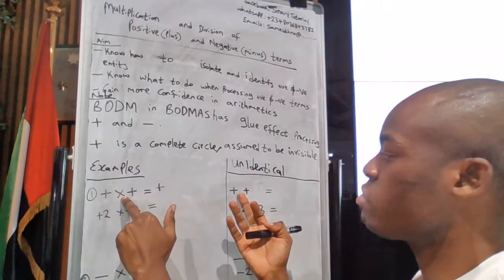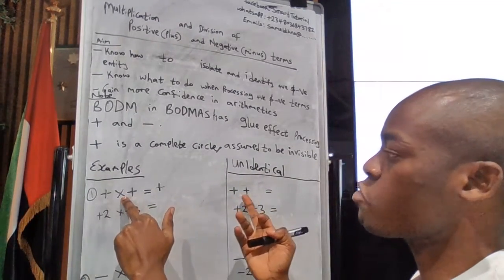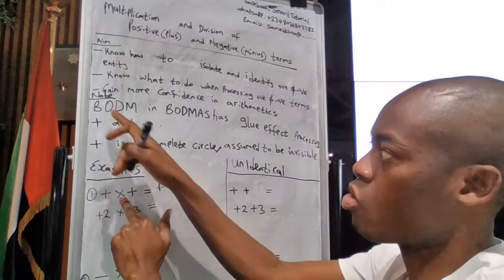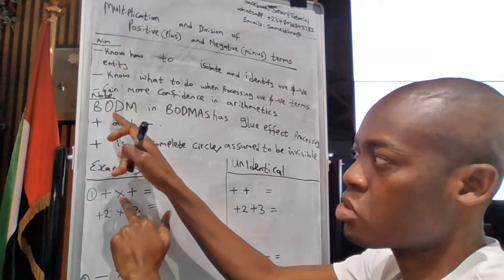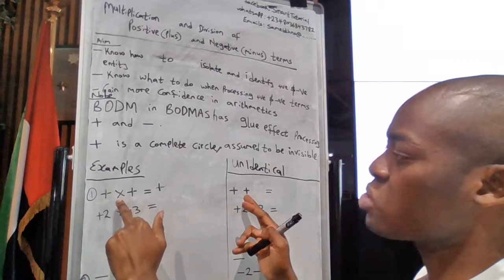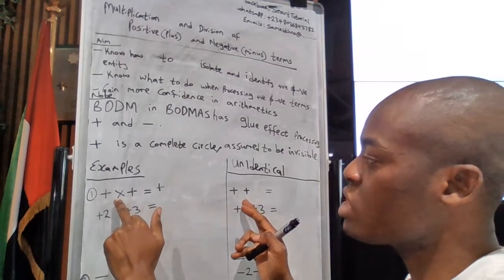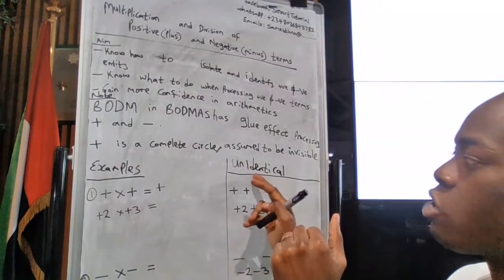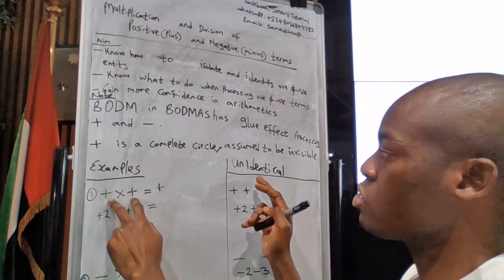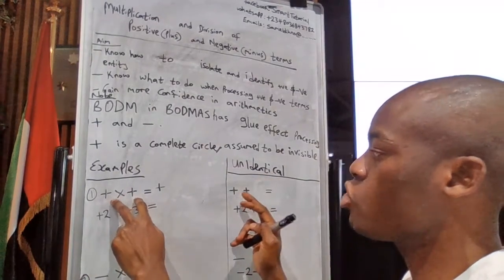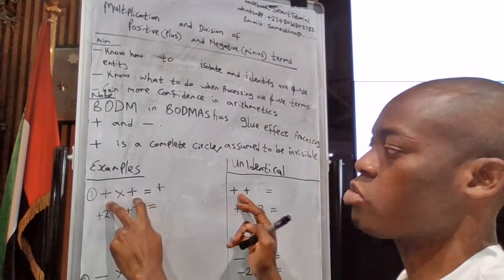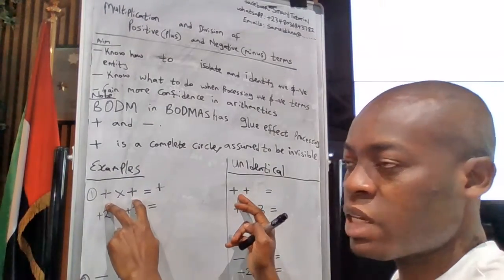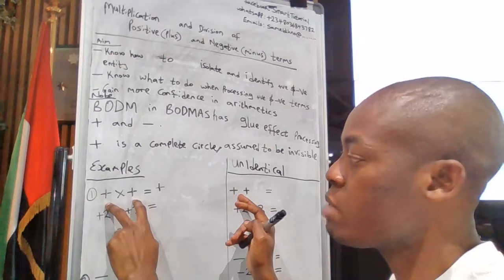No, there is no times here. So you have to be very careful when dealing with the times or the bracket or division. There is a difference between this and this. They are not identical, that is, they are not the same. You don't process them the same way. Sometimes you might get the same answer, but that does not make them the same thing.